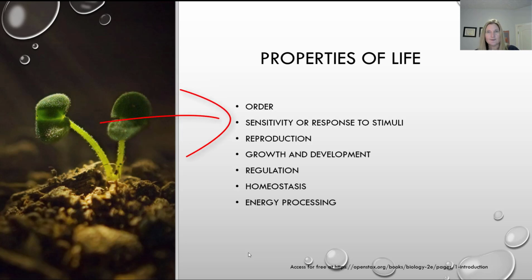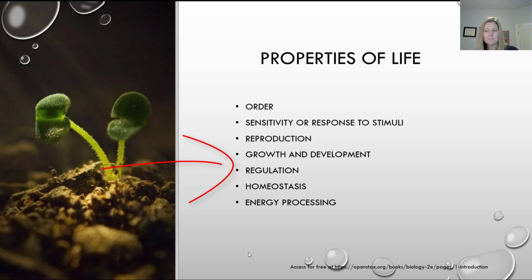Sensitivity or response to stimuli. Living things are sensitive and respond to stimuli. Living things reproduce, they must be able to pass on their genes to the next generation. Living things grow and develop. And living things have some sort of regulation.